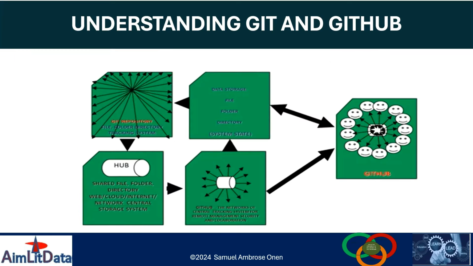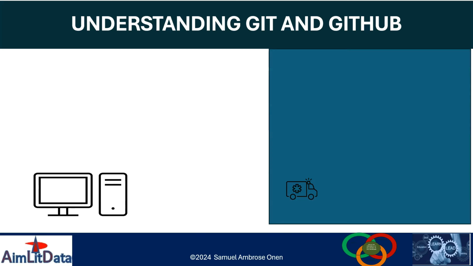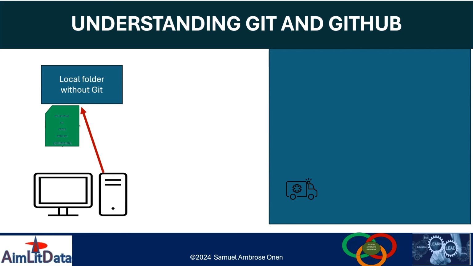So this is the architecture that I came up with to create a mental image, a mental picture, for understanding Git and GitHub. As you can see, I came up with this analogy that we have our computer sitting in our home, and it contains our files and folders, millions of files and folders, without Git.